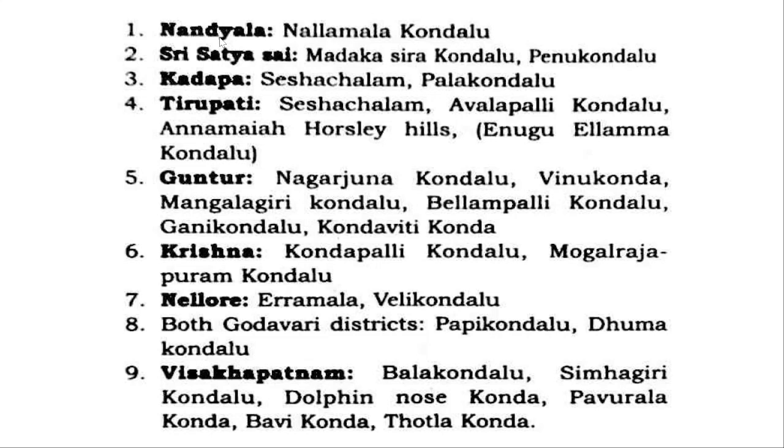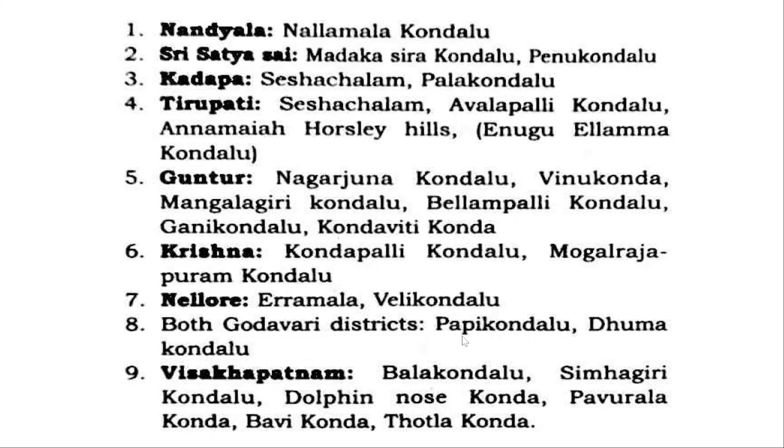So Nallamala hills are in Nandyala, and all these things are fine. Seshachalam, Palakondalu, all these are very important. Seshachalam is a biosphere reserve also. It is in the Tirupati region, Kadapa region, and see Horsley Hills, Annamaya. Previously it was in Chittoor, now it is Annamaya, and Nagarjunakonda, Vinukonda, all these things just go through.